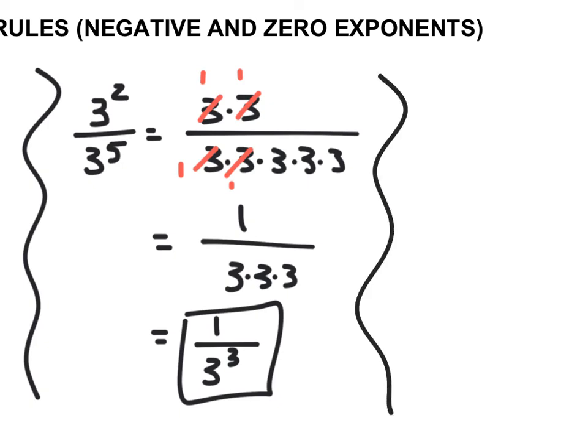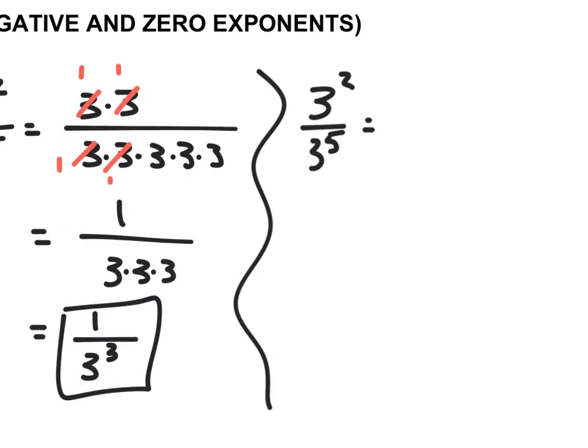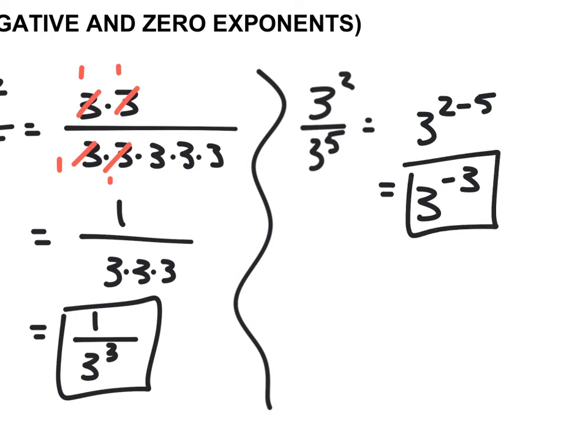Now, if I do it the other way, which is the one we just did in that previous problem, if I have 3 squared over 3 to the 5th, then what I'm doing here is I've then got 3 to the 2 minus 5, which then gives me 3 to the negative 3 power. So when I'm doing these problems, I'm doing them 2 different ways, getting 2 different results. Therefore, what this means is that those are the same.